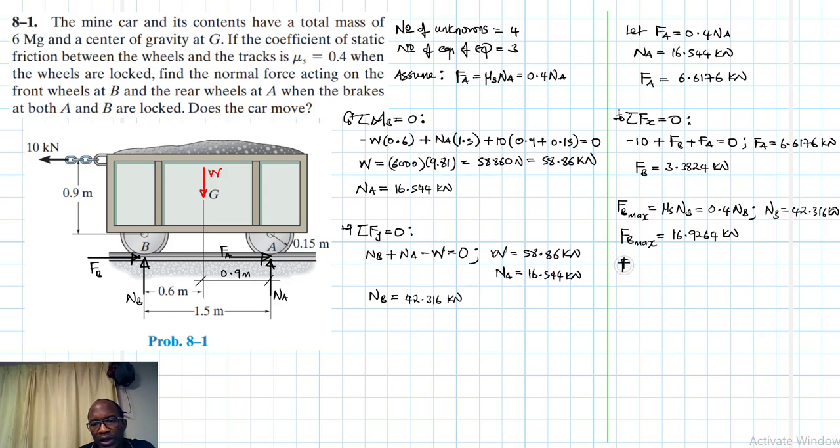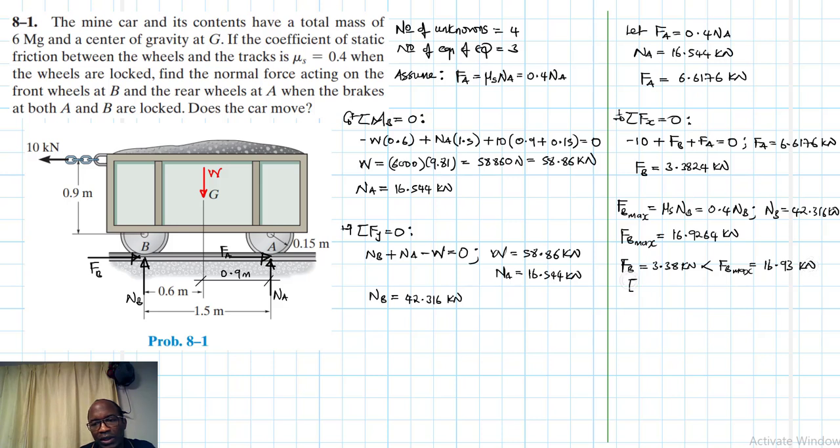Of course, we know that FB equal to 3.38 kilonewtons is by far less than FB max, which is equal to 16.93 kilonewtons.